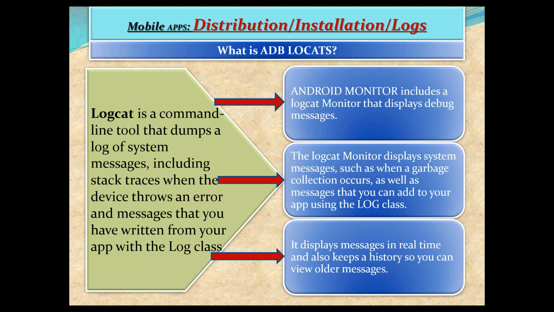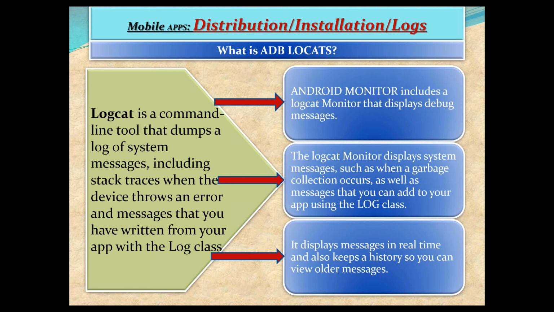Logcat. Logcat is one of the first things the recruiters or the interviewer is going to ask you: how do you collect logs? And this is the tool. Logcat is a command line tool that dumps a log of system messages, including stack traces when the device throws an error and messages that you have written from your application with the Log class.